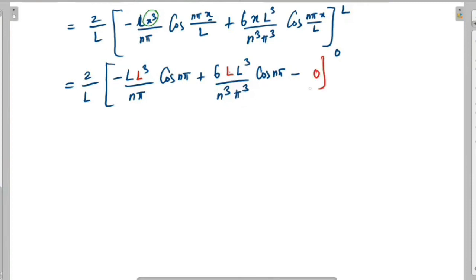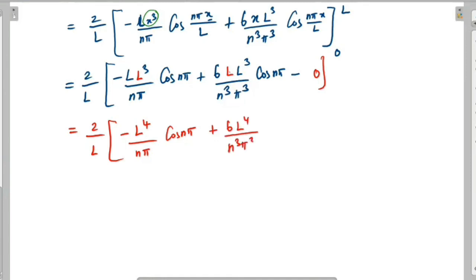So from that you will get 2 by L minus L power 4 minus L power 4 divided by n pi cos n pi plus 6 L power 4 divided by n cube pi cube cos n pi.